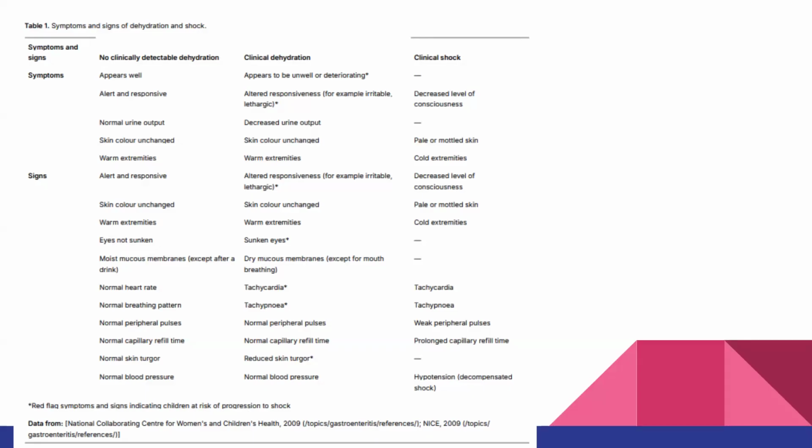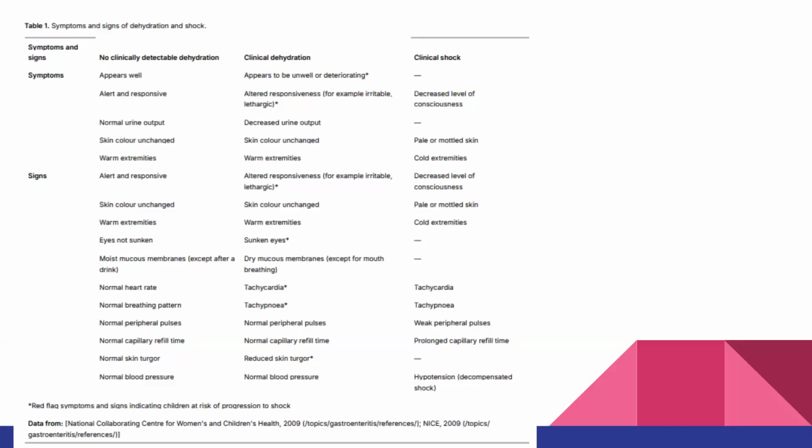And then if they're starting to show signs of red flags, and they're not tolerating these fluids, either the syringe of 5 ml every 5 minutes, which is also referred to as a fluid challenge, which isn't a bolus, it's an oral fluid challenge of can they tolerate little and often, which is often the best way to get children to stay hydrated.